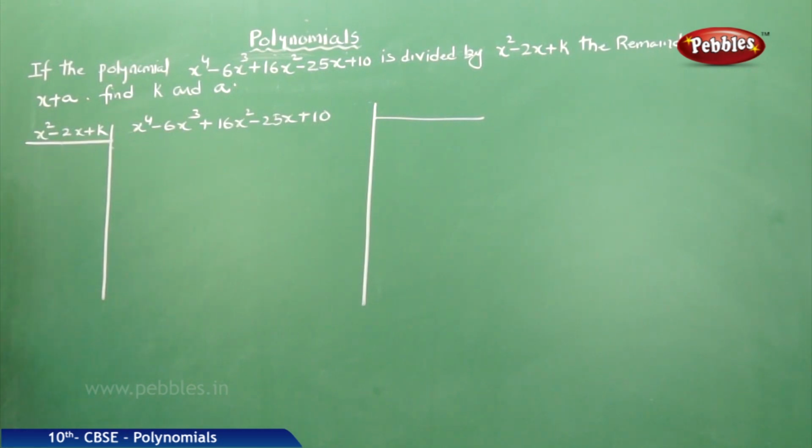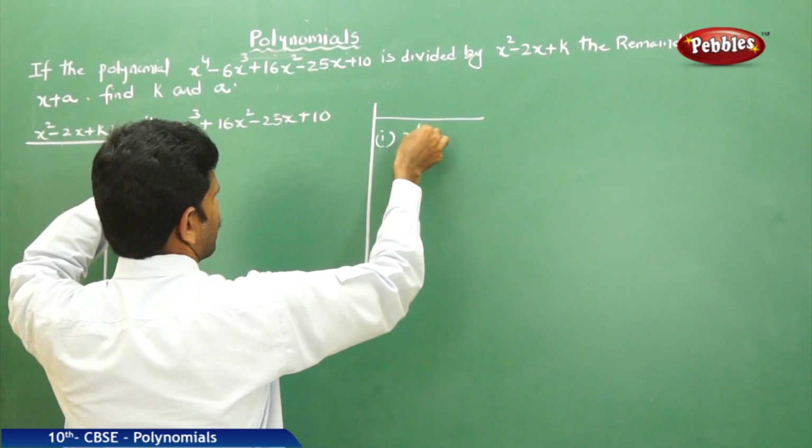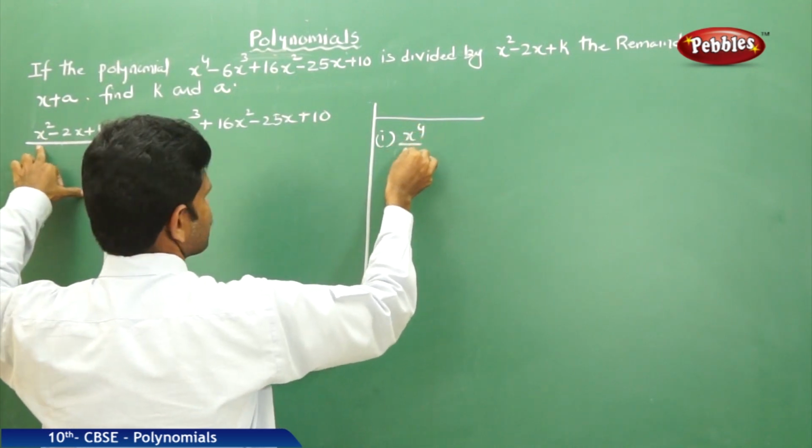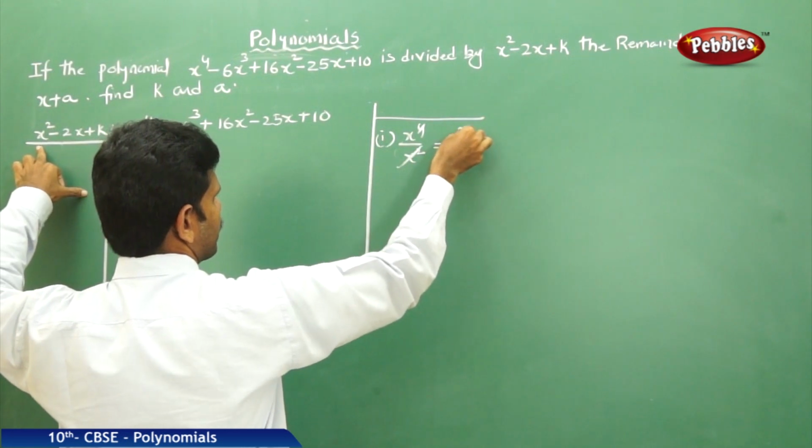Now our first cancellation: x to the power 4 by x square, x square is left.